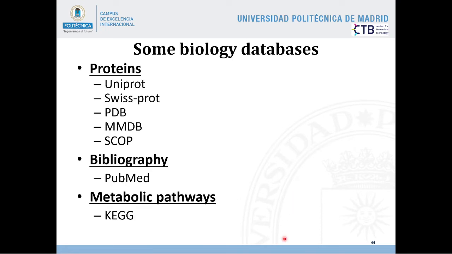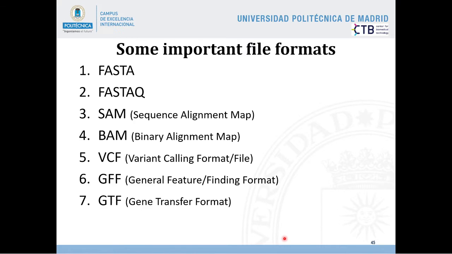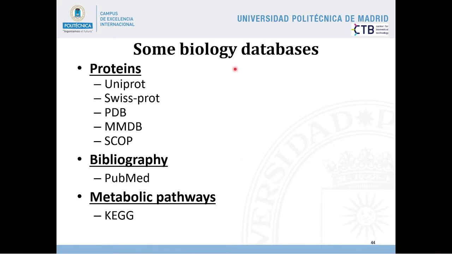Also, we have protein databases such as UniProt, SwissProt, PDB, and SCOP. I think Alejandro already introduced you to some of those in the first or second day presentation, but just to remark that there are a lot, okay? For one task, one database will be most useful, and for another, another will be more useful, so we have to keep that in mind.